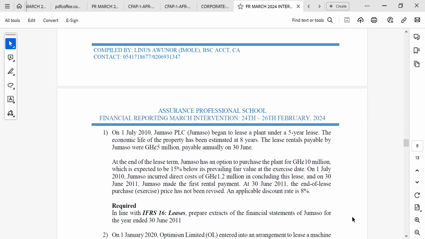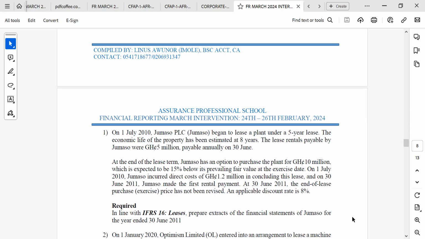And what is the lease rentals? 5 million cedis. How is it paid, in arrears or in advance? In arrears. Because it is paid on 30th June, and today is 1st July, so you can't pay yesterday for something that you are coming to take. So it will be in arrears.